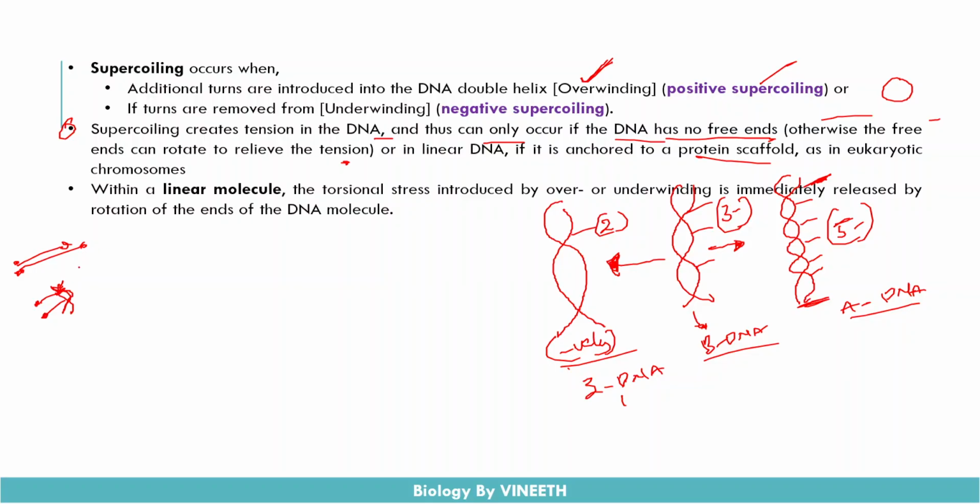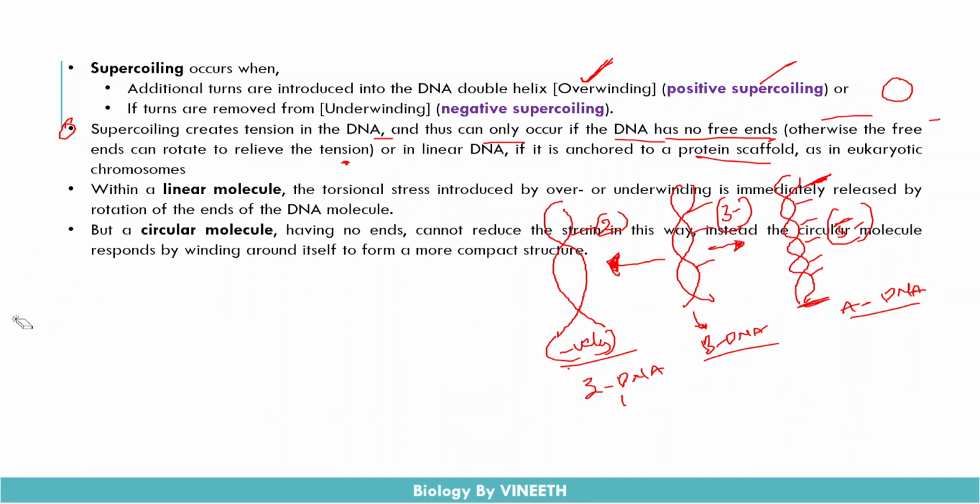But in the case of short DNA sequences, like around 1000 or 2000 base pairs, which have free ends, we cannot observe this supercoiling, because they have the free ends to relieve the tension on the DNA molecule. So this is about the positive and the negative supercoiling.